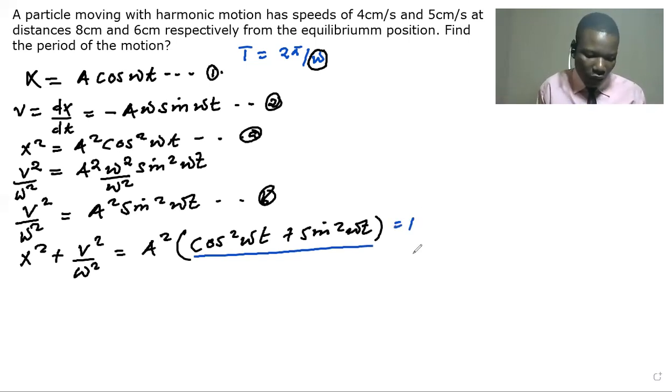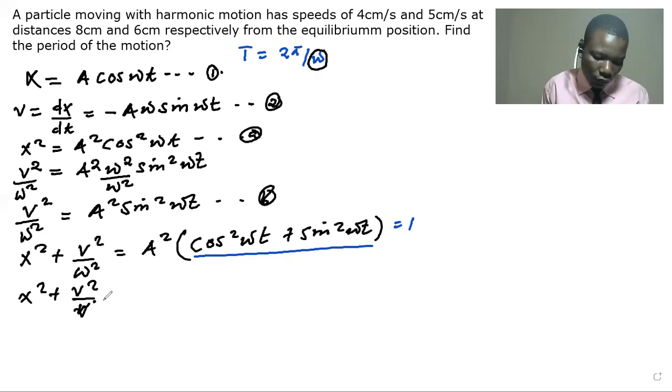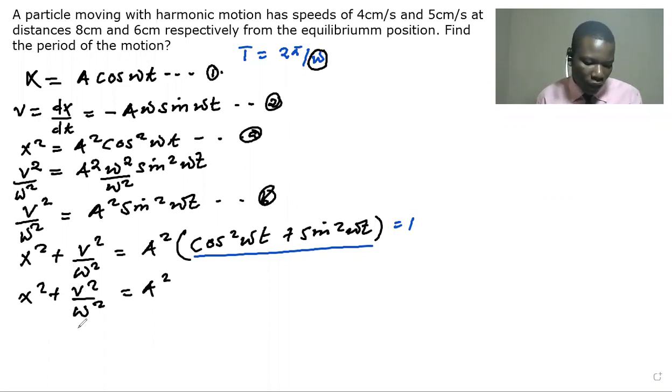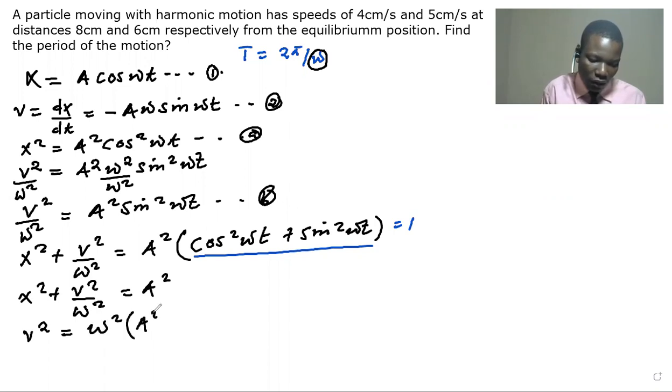Then we let v squared be the subject of the formula, and the equation is v squared equals omega squared times a squared minus x squared.